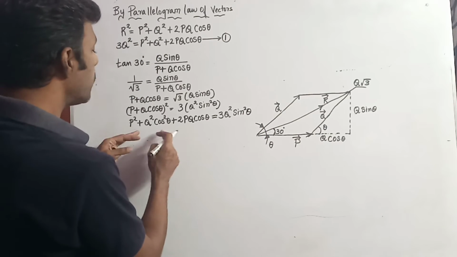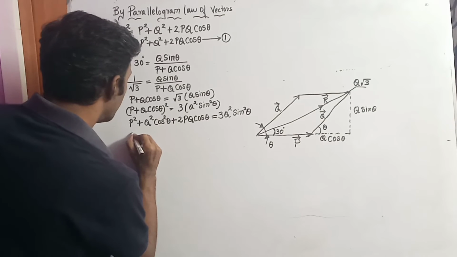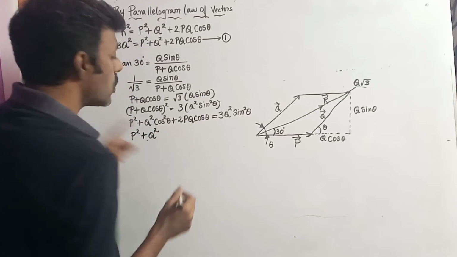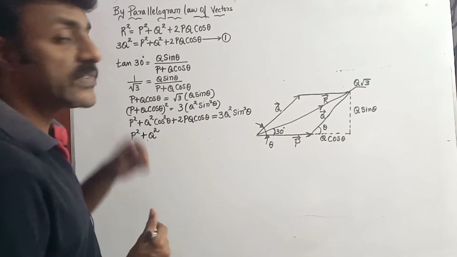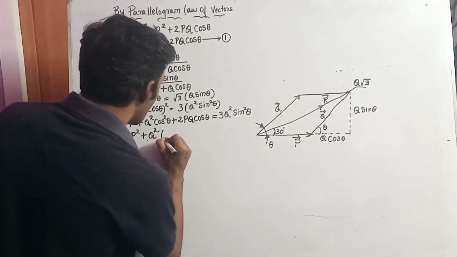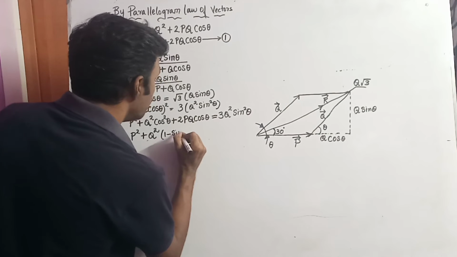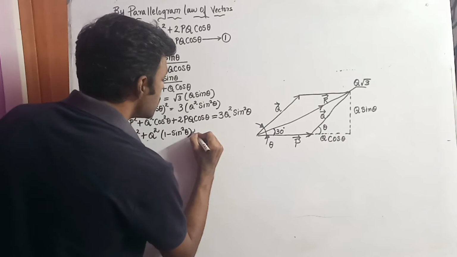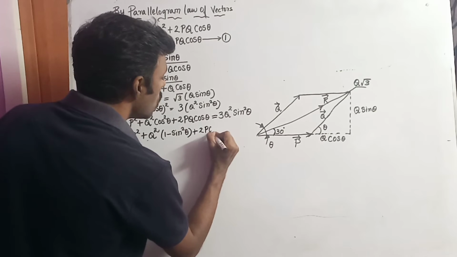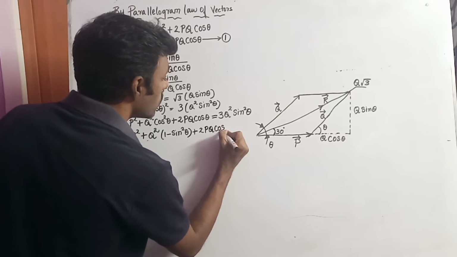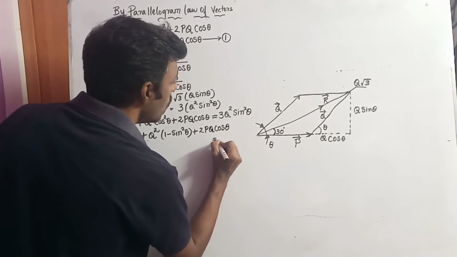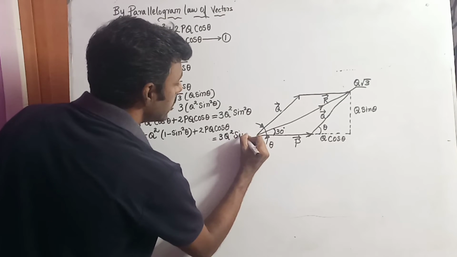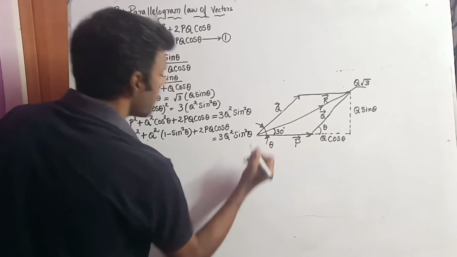Now I'm going to write p squared plus q squared, and this cos square theta can be written as 1 minus sin square theta, plus 2 pq cos theta, which is equal to 3 into q squared into sin square theta.